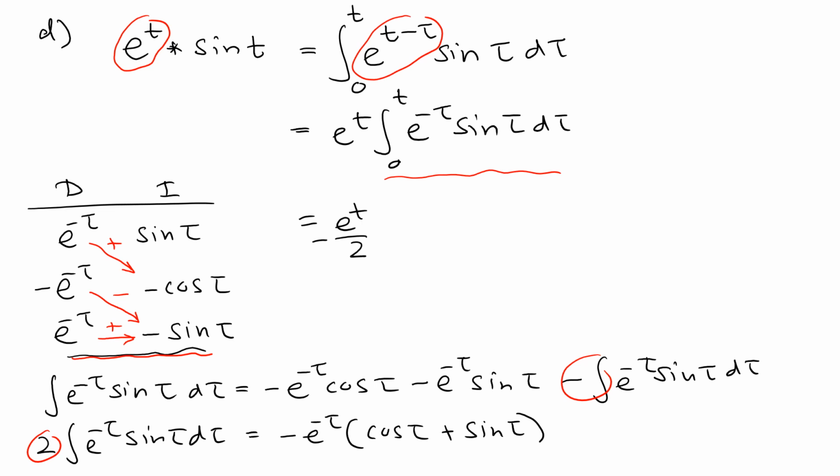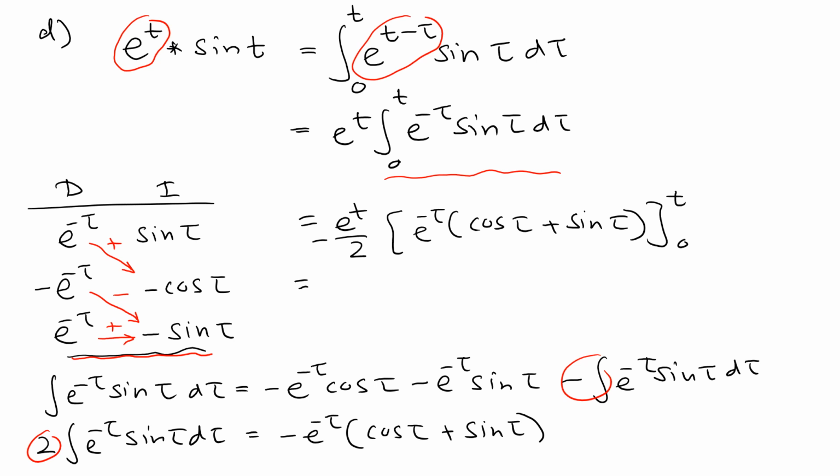So then what happens is, you get e to the negative tau, and then you get the factor cosine tau plus sine tau and evaluate it at t and 0. Now what we do, we're going to plug in the value.